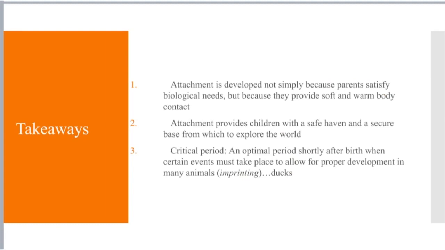A few takeaways that we can gauge from this particular study and how it pertains to social development, right? We know that attachment is developed not simply because parents satisfy these biological needs, but because they provide soft and warm body contact. We know that attachment provides children with a safe haven and a secure base from which to explore the world, right?